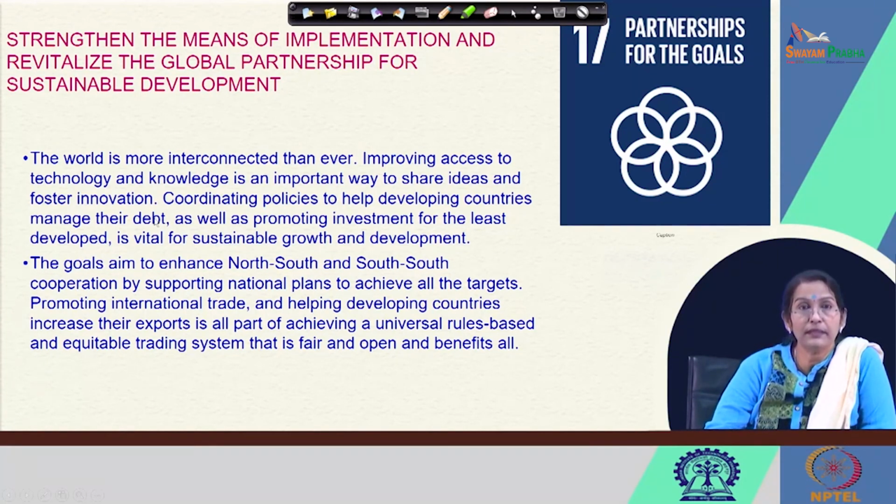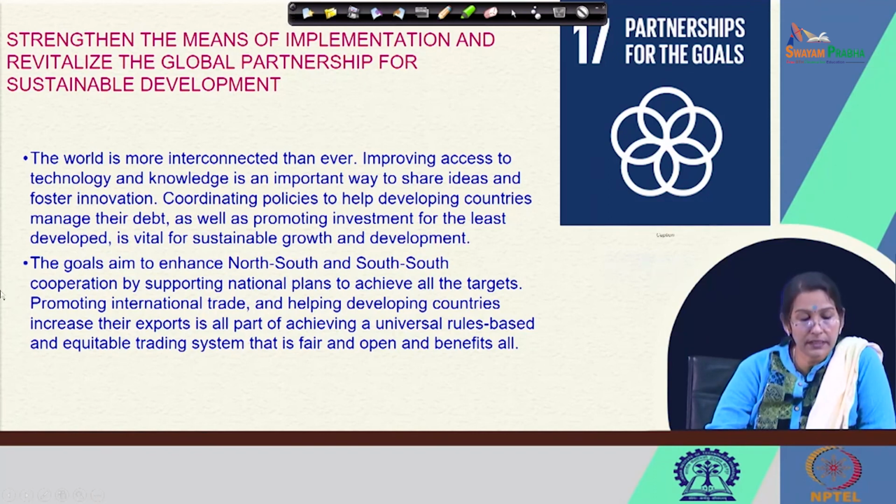At least for sustainable growth and development. Then the goals also aim to enhance north-south and south-south cooperation, supporting national plans or international plans, through international organizations like summits, international conferences and bodies, organizations like the World Trade Organization, the WHO, UNESCO, UNICEF, and all kinds of economic, financial and business related international bodies.